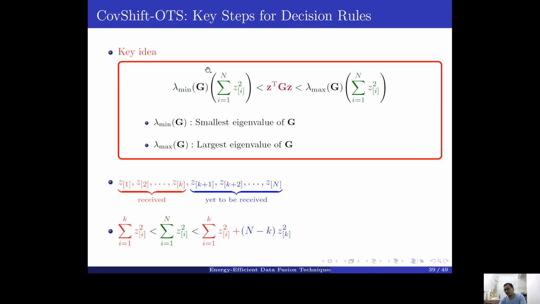Thus, CovShift-OTS exploits the eigenvalue bound to upper and lower bound the decision statistic, and then further bound it based on what you have received and what you are yet to receive.